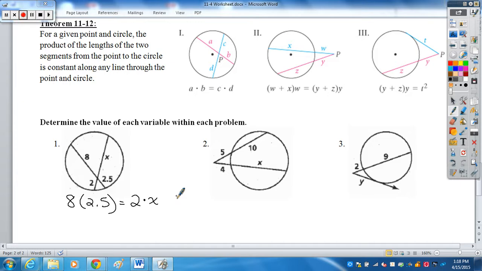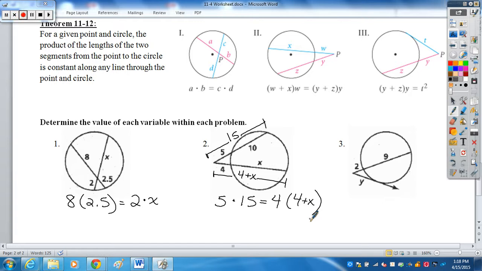So in number 2, hopefully you recognize that number 2 looks an awful lot like number 2 up here. All right, and what that says is if you take the outer portion of the secant times the whole length, which in this case will be 15, that will equal the outer portion times the whole length, which hopefully we're doing 4 plus x and not 4 times x.